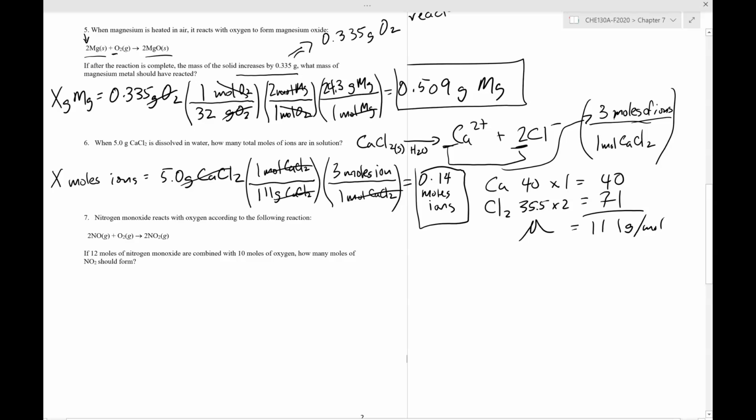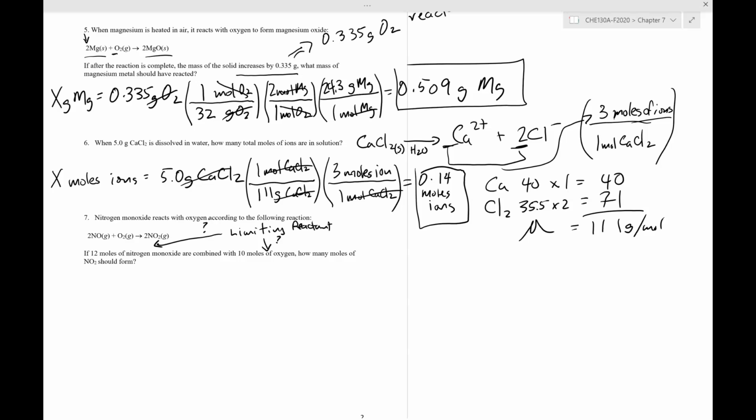So this is what we call a limiting reactant problem, where we don't know which one of those, oxygen or nitrogen monoxide, is the limiting reactant. One of them is going to run out first, and so to get the correct answer, we have to figure that out. Now, the method that I suggest doing is just go ahead and calculate what we're being asked to calculate twice.